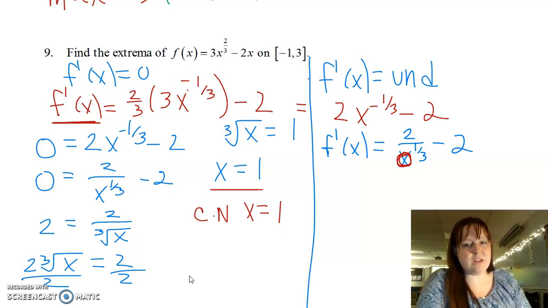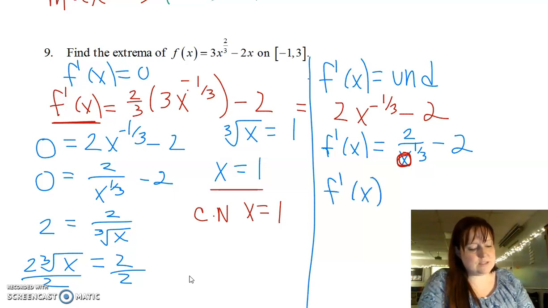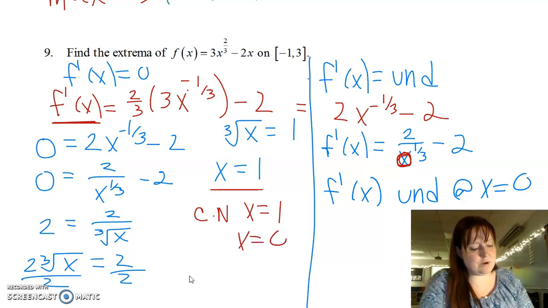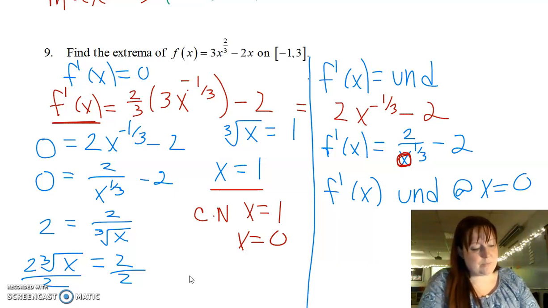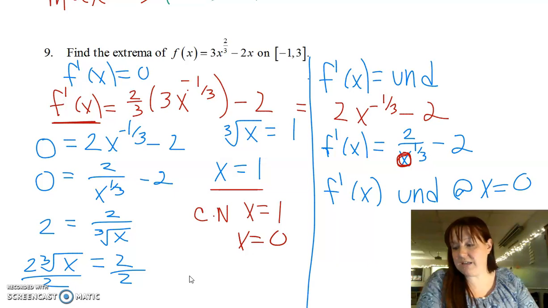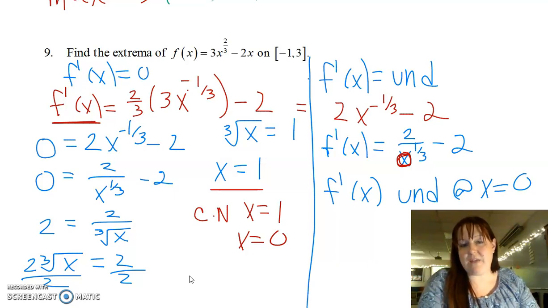It's illegal in math. So f prime of x is undefined at x equals 0. So we have another critical number at x equals 0. So these are our two critical numbers. And then we also want to find the extrema at the endpoints.